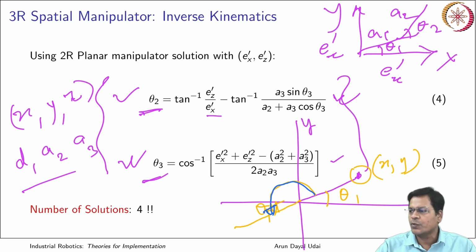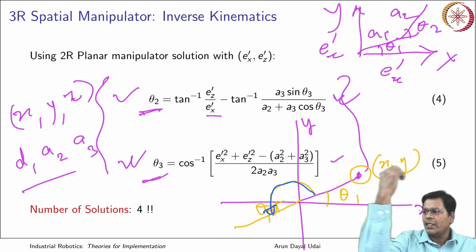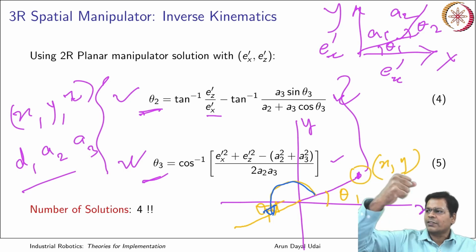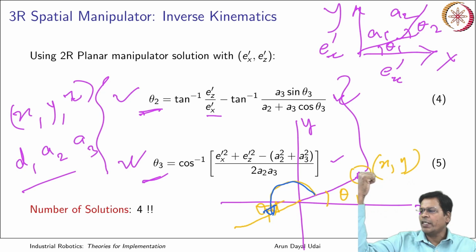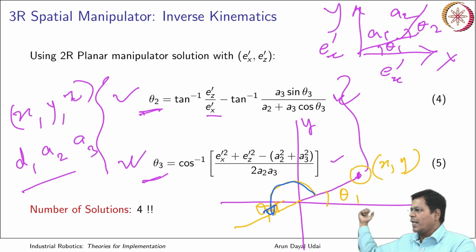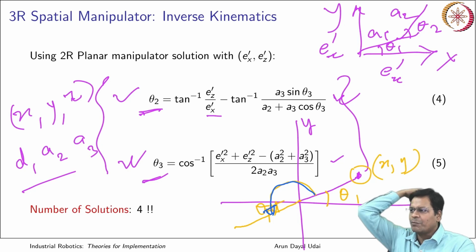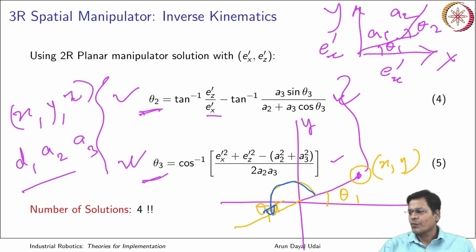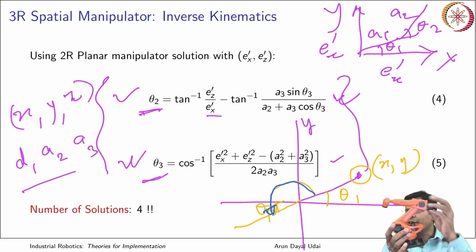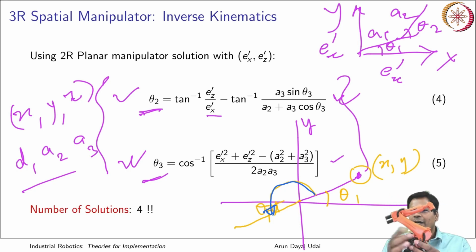So you can do it something like this. You are holding like this, elbow down. You can rotate 180 degrees opposite and come back like this, and you can come back to the same location. So if I can show you with this robot, it can go here this way, or you can rotate 180 degrees, and this robot now can obtain a similar solution going like this.